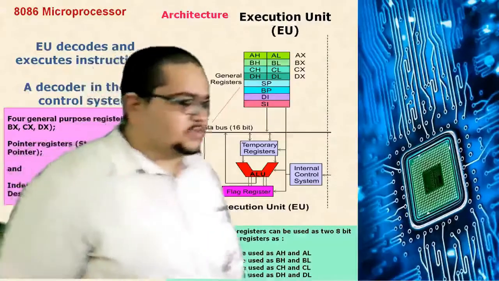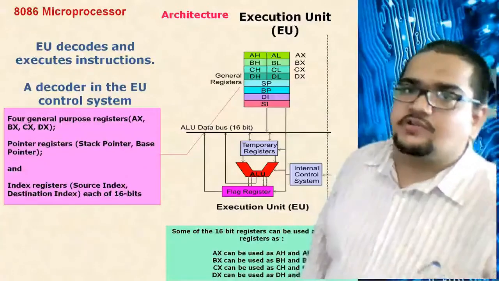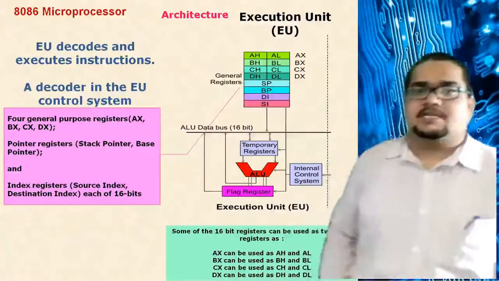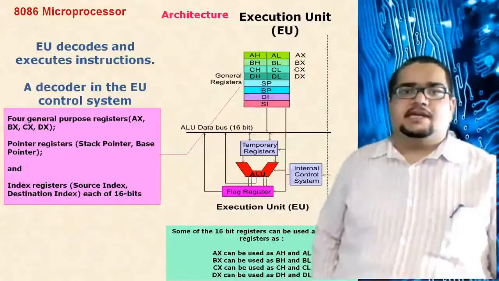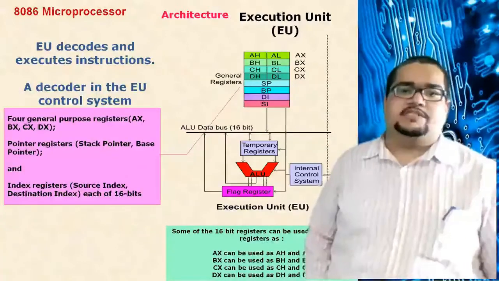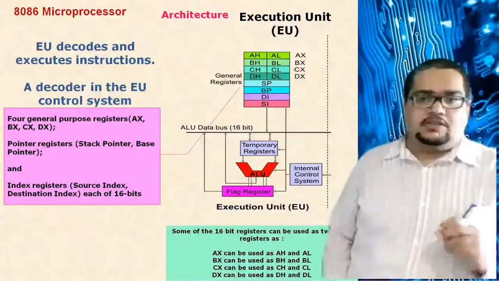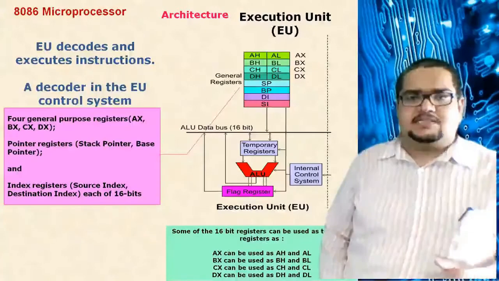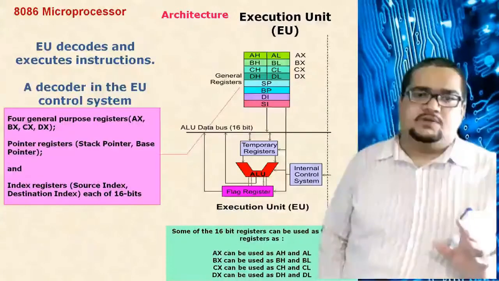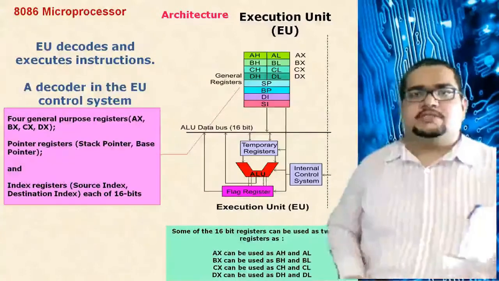Talking about the execution unit, again there are 3 major things. First, there is a general purpose register set: AX, BX, CX, DX. Then we have the ALU, which you can call the heart of the microprocessor. Here all the arithmetic, logical, and string operations are handled. The operations the processor can do are data operations.